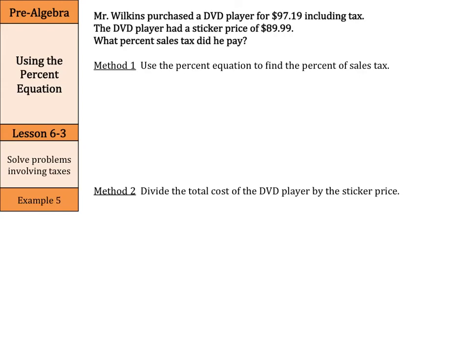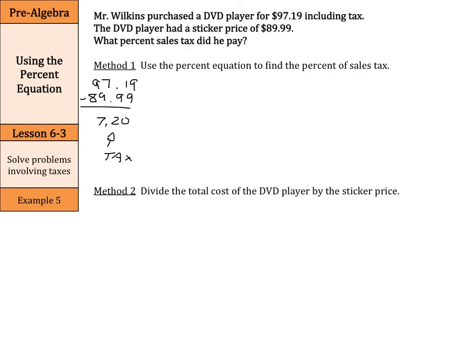Well, let's calculate to see what our tax actually was. If he paid $97.19 with tax, and the sticker price was $89.99, if I subtract $89.99 from $97.19, I would get $7.20. That is the tax amount.